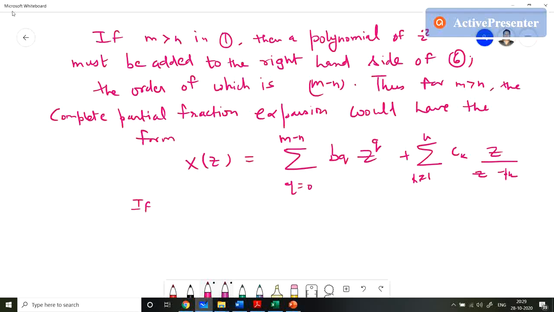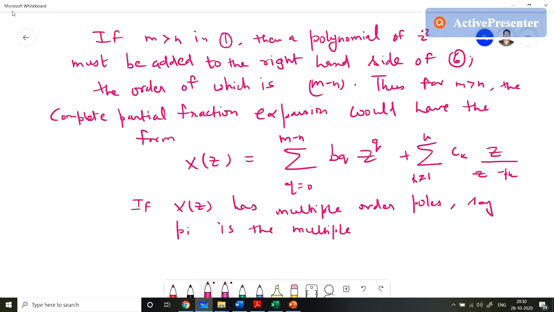Now suppose X(z) has multiple order poles, say pi is a pole with multiplicity r.